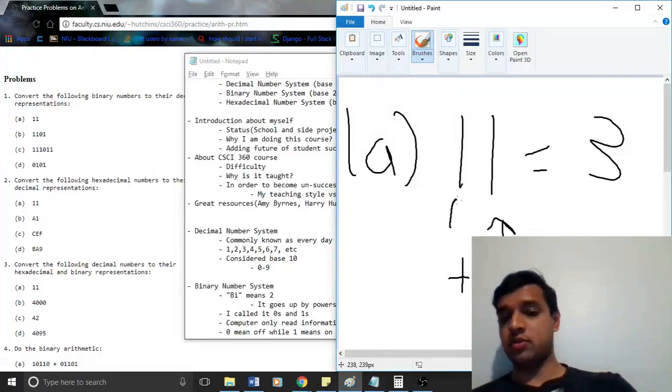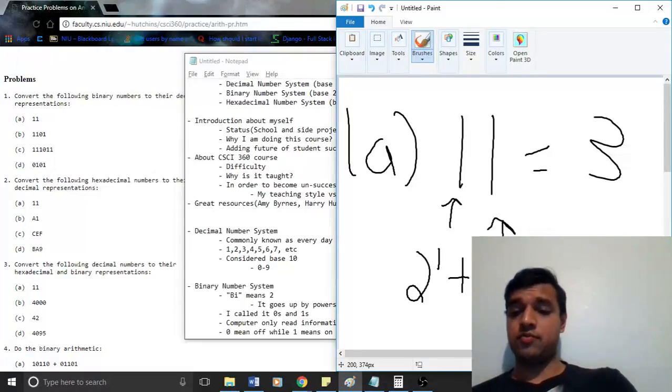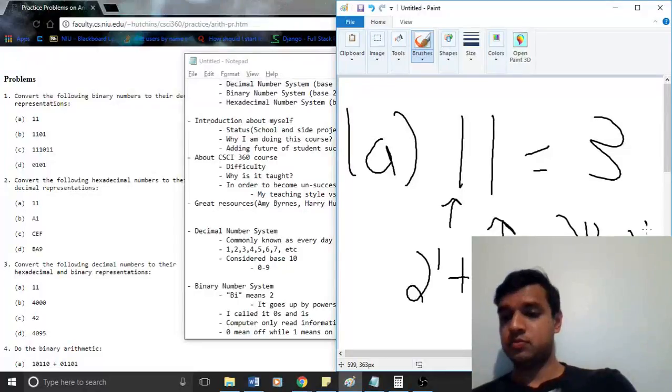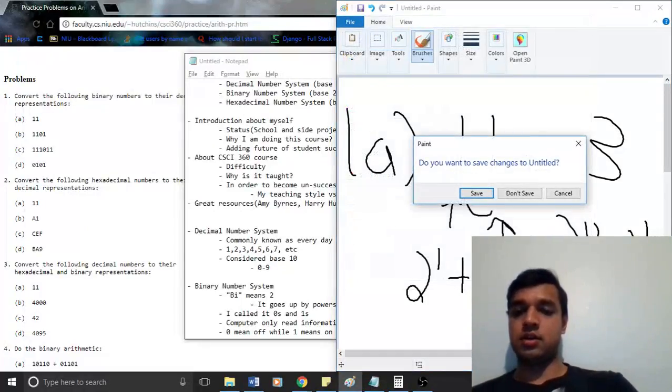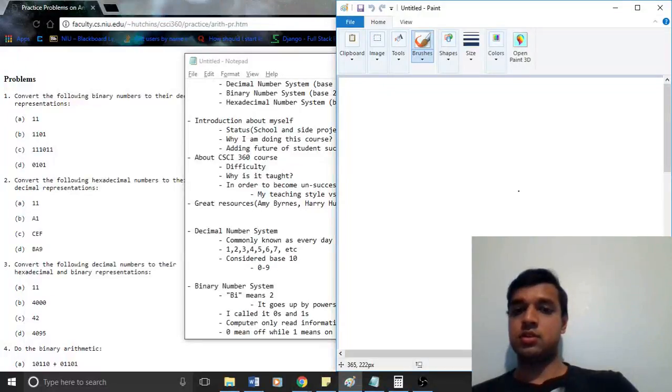And then the second value right here is 2 to the 1. So you're like, oh, how come it went from 2 to the 0 to 2 to the 1? So every time you move up a value, you will go up by 1. This is also similar to how we look at base 10 values.